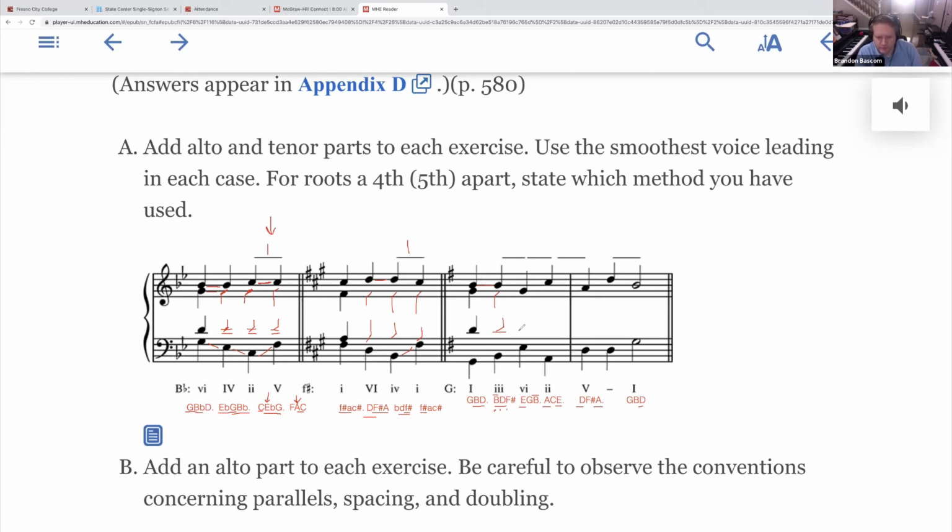Next, we have 1 common tone, which is the B and the B. Well, guess what? Neither of our voices kept that B. We leaped right out of it in the bass, and we skipped out of it in the soprano. So we're probably going to do way number 2 then.